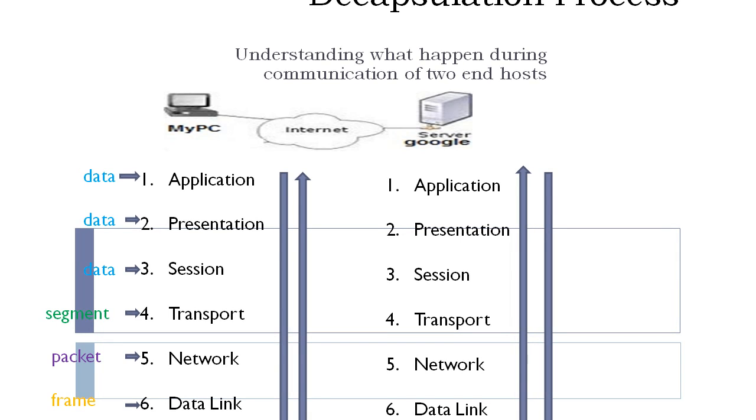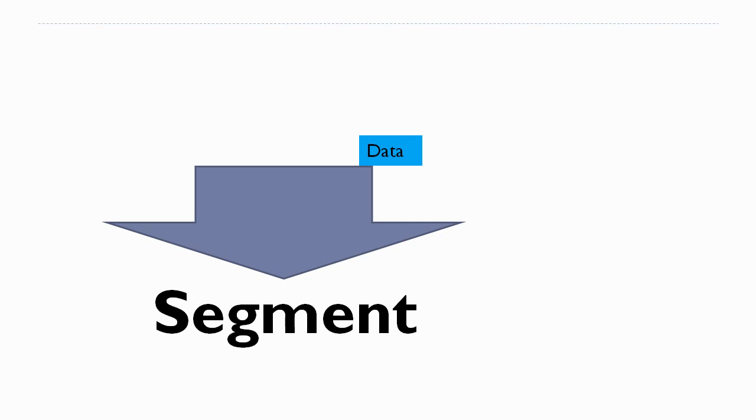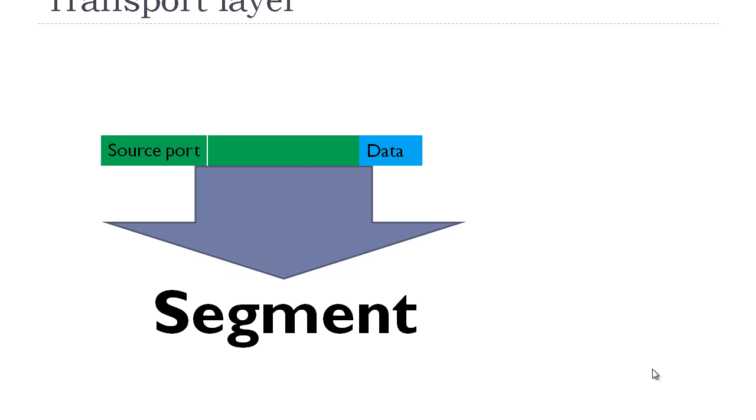At the transport layer, what we're going to add to the data is a source port and a destination port. That's what we add at the transport layer.